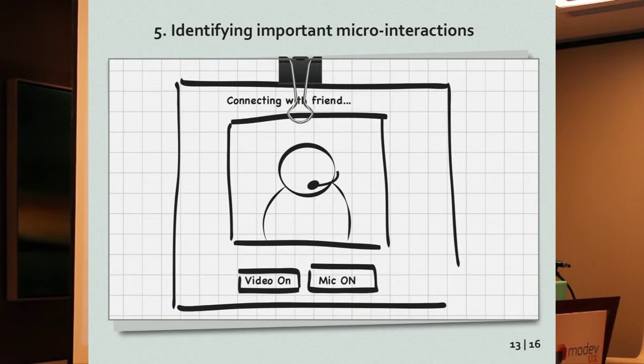And then the last consideration that is very important is, when you're designing for real-time, try to identify important micro-interactions, small interactions that will really enhance the experience. So for example, I don't know if any of you have used Google Hangouts. When it first came out, your video would be on in large groups and your microphone would be off.